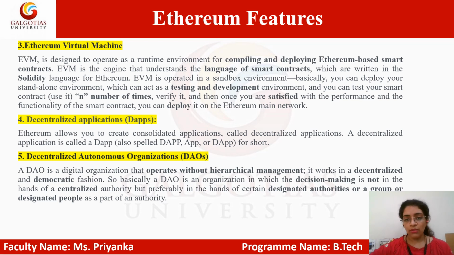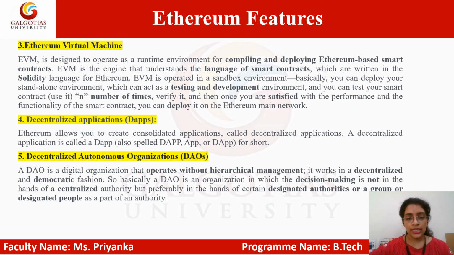The smart contract may cause some problems. So for testing purposes, it's better to first use the Ethereum Virtual Machine rather than straight away adding blocks onto the blockchain. First, test it out on the EVM. You can test it a number of times and change it, and when you're satisfied, you can go for the Ethereum main blockchain. That's the advantage of using the EVM.